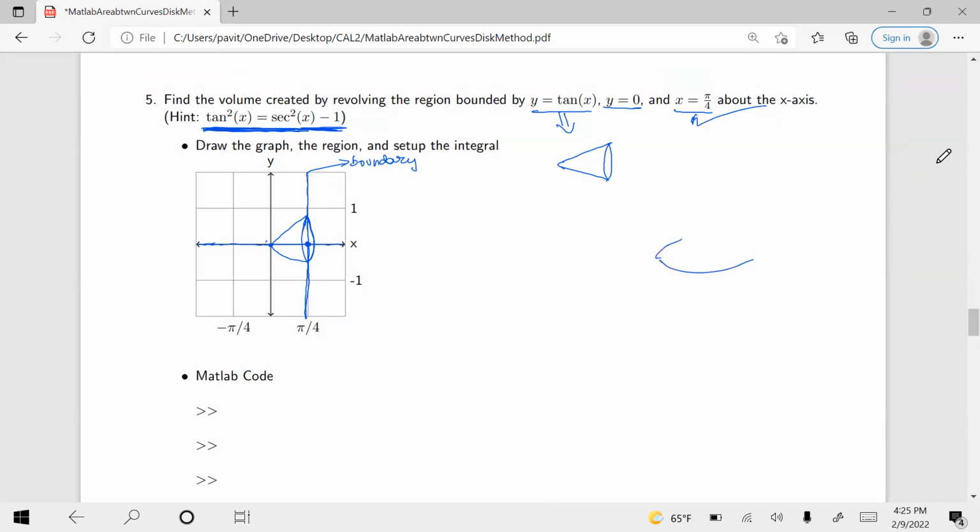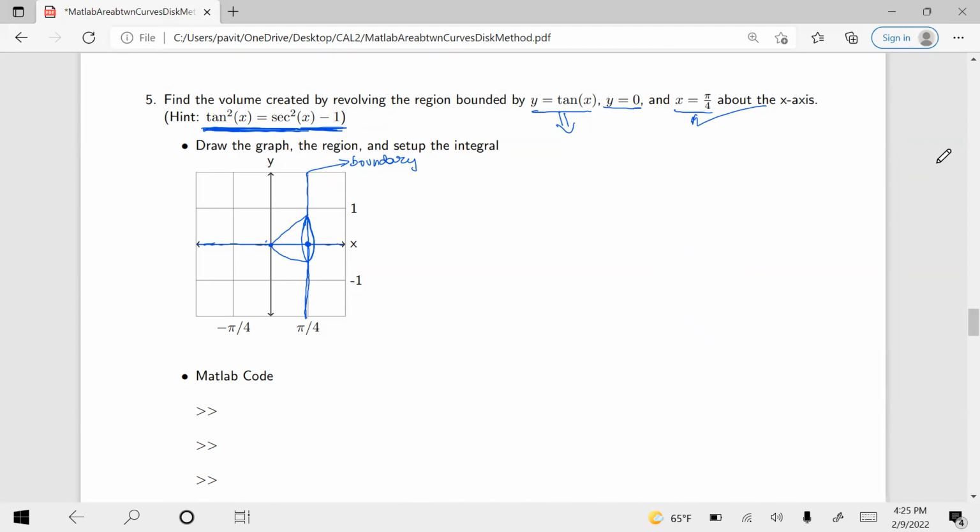Because when you have a cone, your inner radius from here to here is different from the outer radius from here to here, slightly different. It's not a cylinder with an equal radius, it is a cone.